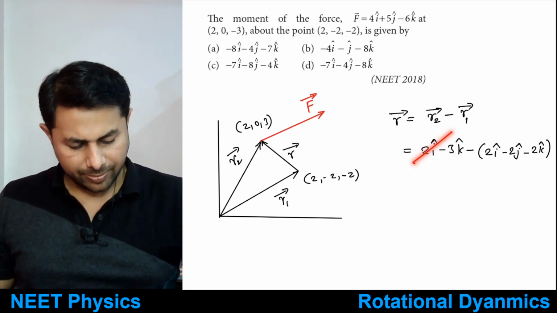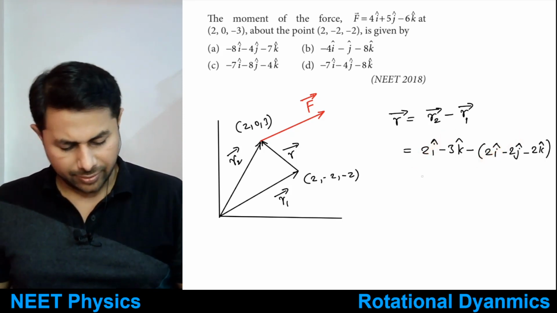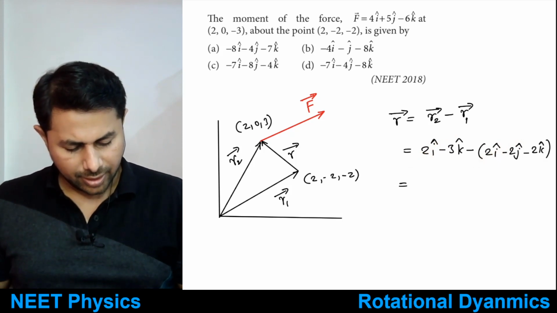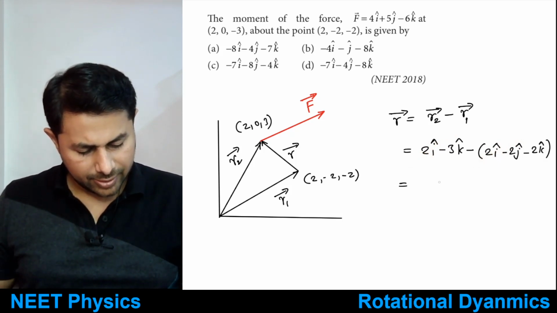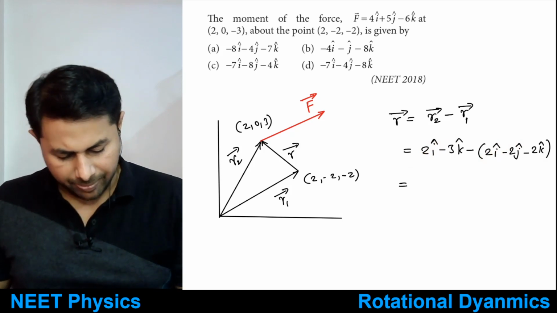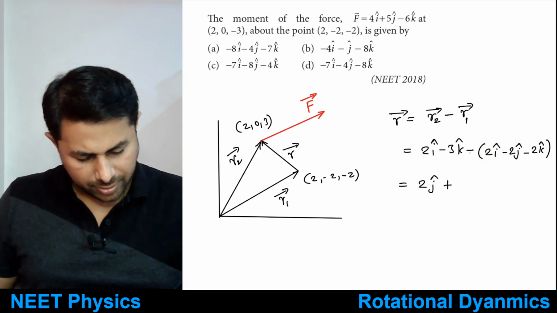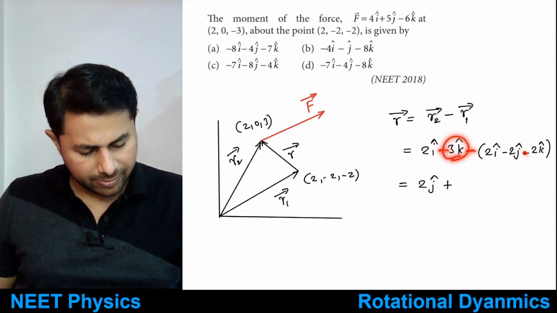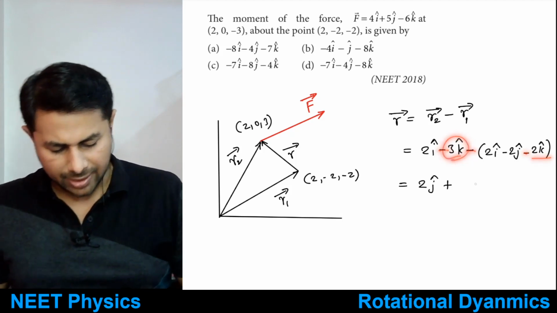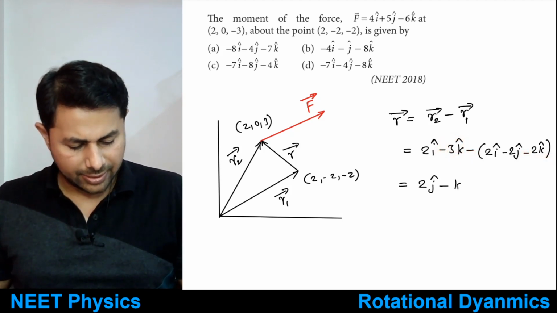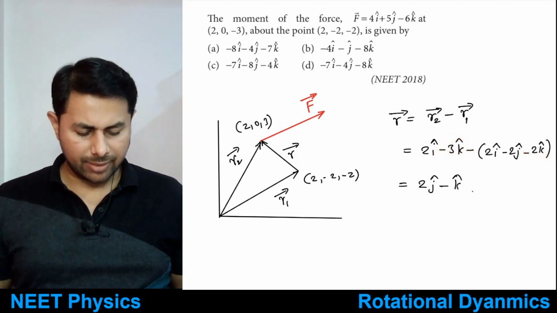So 2 I cap gets cancelled, you have minus plus, 2 j cap, plus minus 3 k cap minus plus 2 k cap, so that's minus k cap. So you got the R bar.